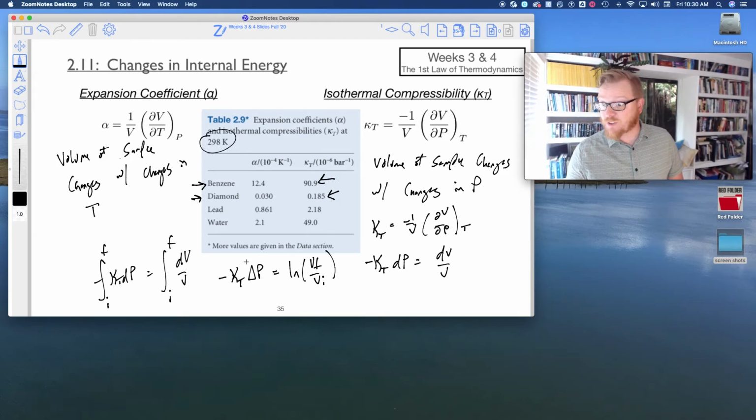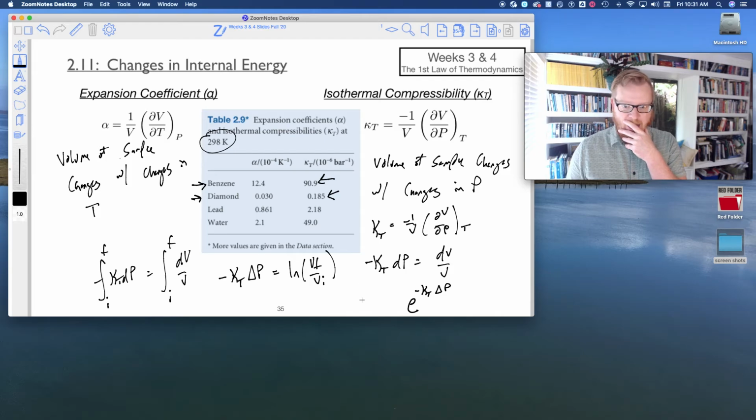So how can I make that useful? Well, take e of both sides. When I take e of both sides, I'm going to write this way down here. I got e to the negative kappa T times delta P. All right, so I'm going to keep that there. And when I took the e of this side, it's VF over VI. I'm going to do a couple algebraic steps, so make sure you're okay with this.